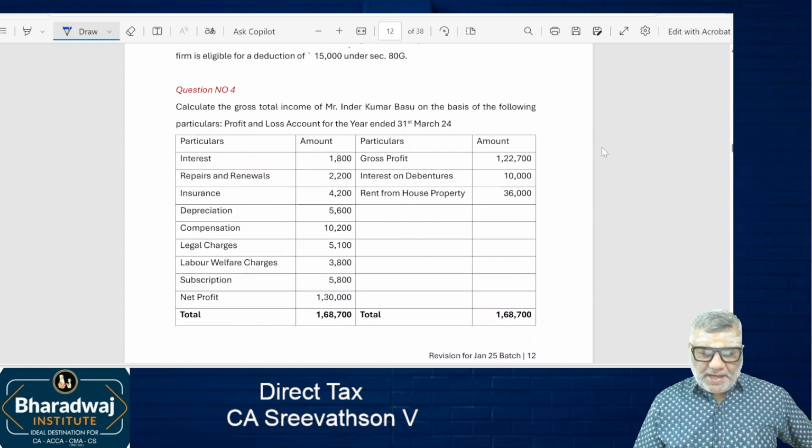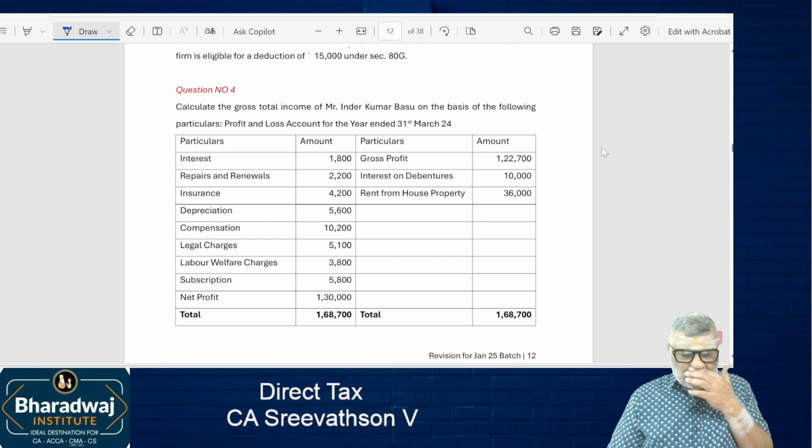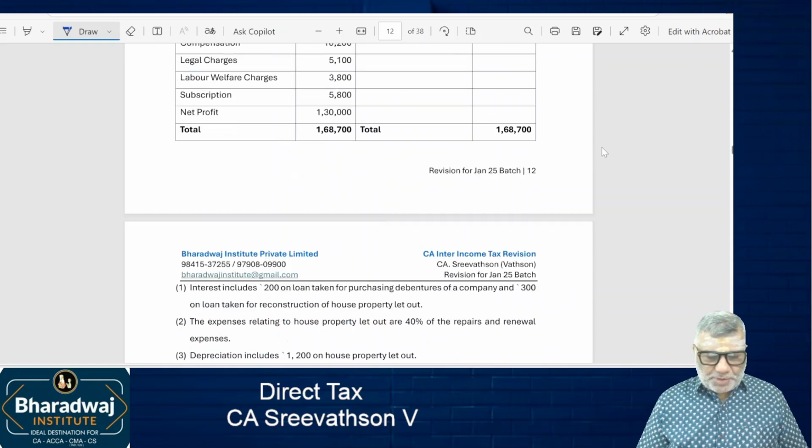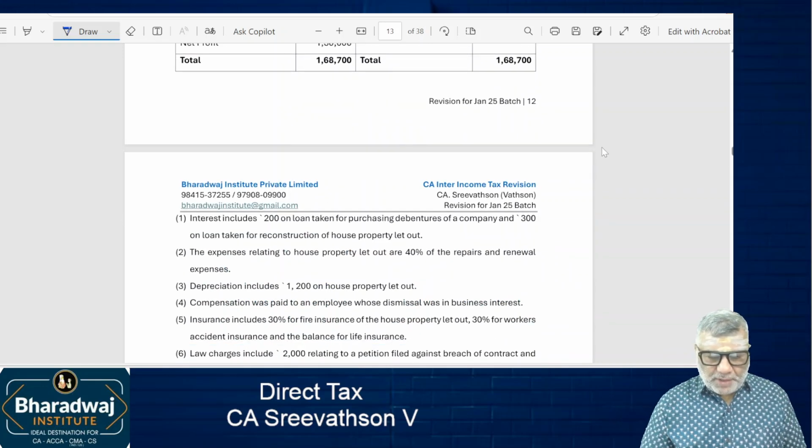Gross profit, interest on debentures, which will go to IFOS, rent from house property, which will go to HP. On the debit side: interest, repairs and renewals, insurance, depreciation, compensation, legal charges, labor welfare, subscription, net profit.